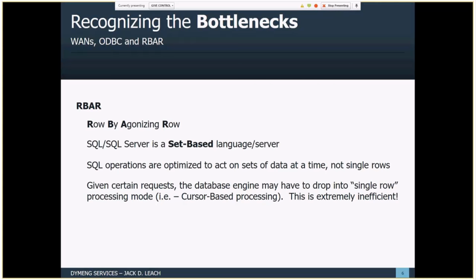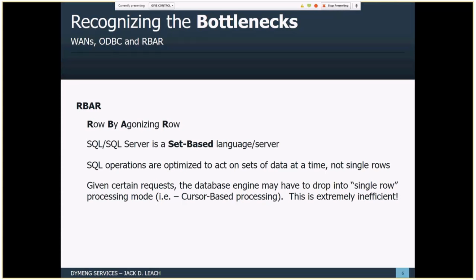But given certain commands, it can't always resolve things in a set-based method, and it has to drop into this kind of single-row processing mode where it has to look at every single individual row that it needs to process in order to get us our results back.